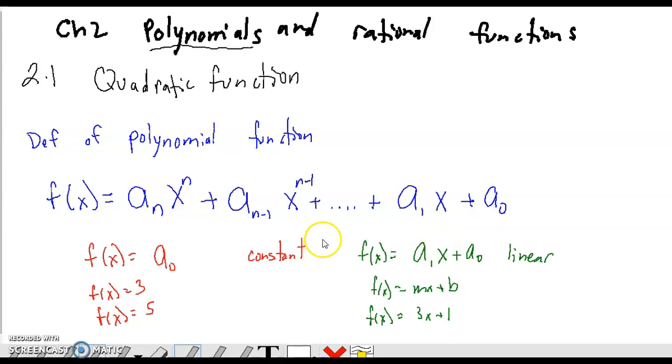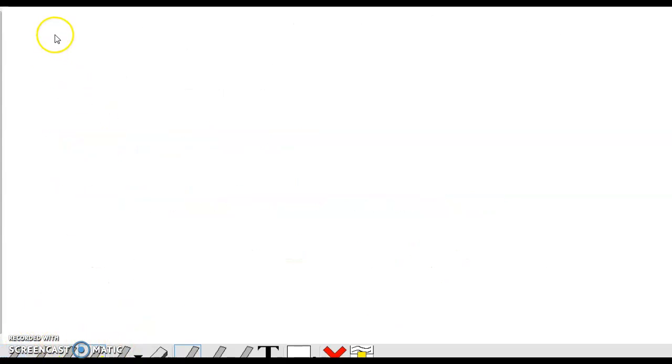So what happens if our highest degree is a power of 2? Then we have our constant term. So this would be an example, f of x is equal to, and our general form that we are used to seeing is ax squared plus bx plus c.